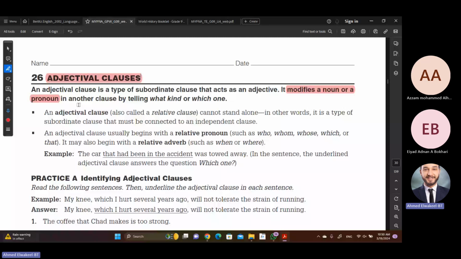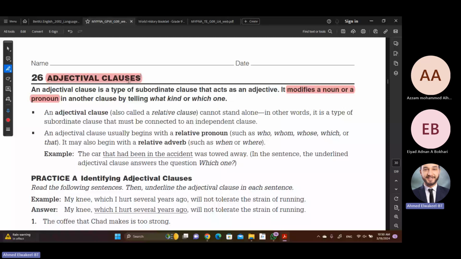Okay, the original one. But now we're speaking not about adjective. We're speaking about adjectival clause. So Azam, what is a clause? Yes. What is a clause? I don't remember. Okay, no problem.